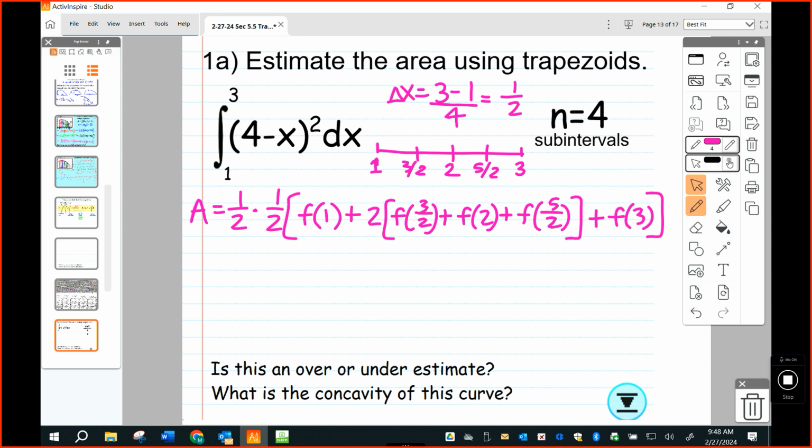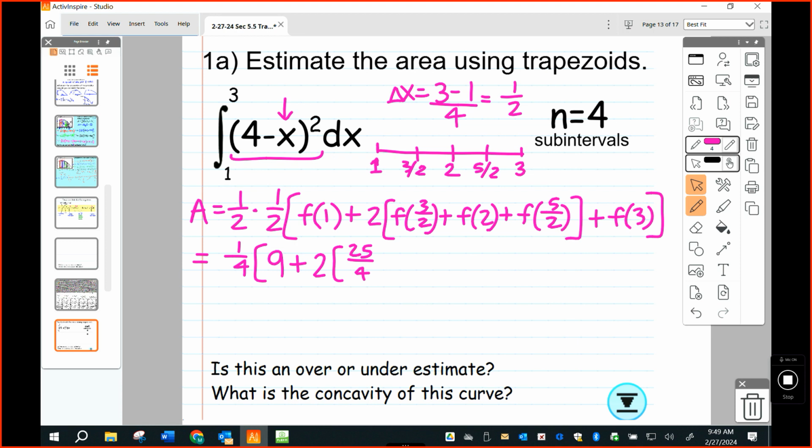All right, let's go. Let's plug and chug. 1/2 times 1/2 is 1/4. What's f of 1? You're plugging it into this function right here. 4 minus 1 is 3 squared is 9. Plus 2 times 4 minus 3/2. Look alive, everyone. 8/2 minus 3/2 is 5/2 squared is 25 over 4.